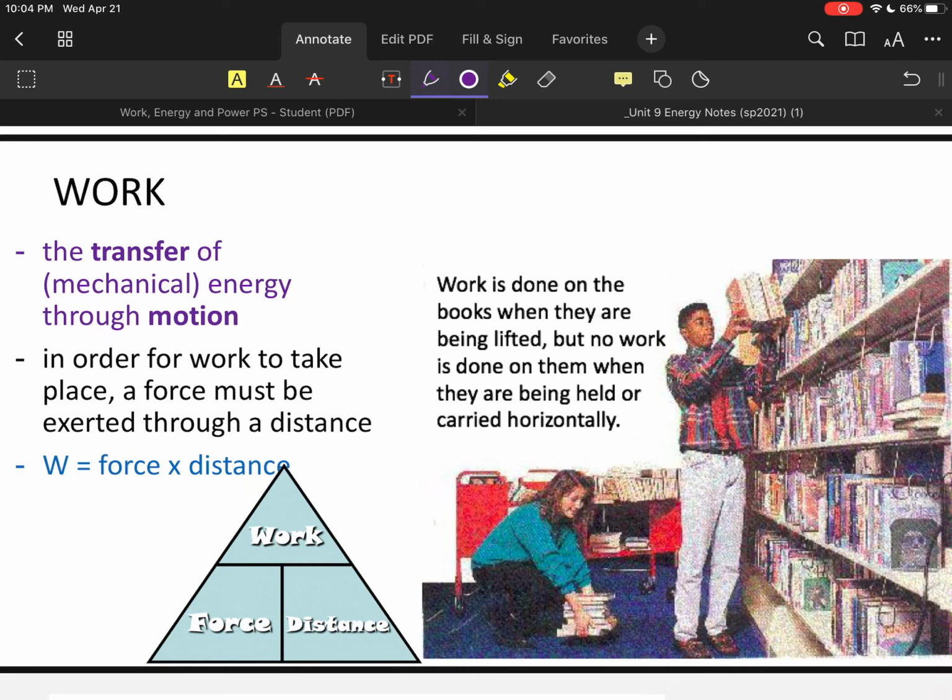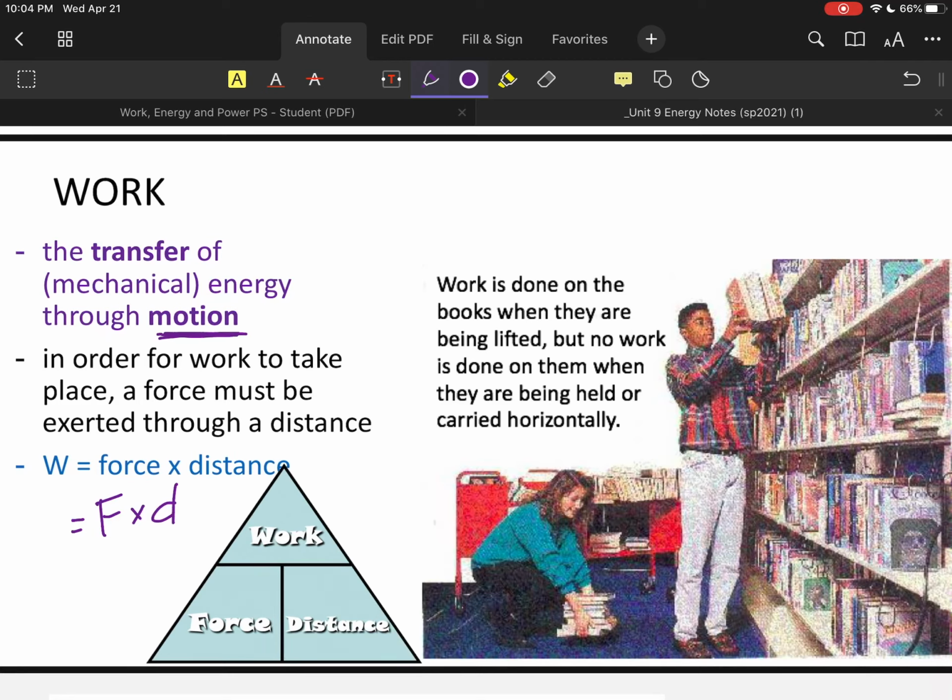Work is just the transfer of energy through motion. The key word here is motion. In order for work to actually take place, an object has to move from one place to another. In our formula, we have the amount of force put on the object times the distance the object traveled.